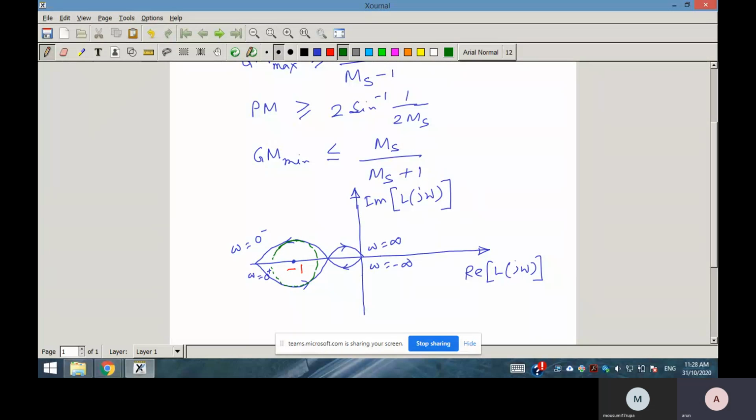What is the radius of this circle? The sensitivity circle is drawn such that it just touches the Nyquist plot like this. And what is this radius? This radius we already saw is MS inverse. And what is our lower gain margin?